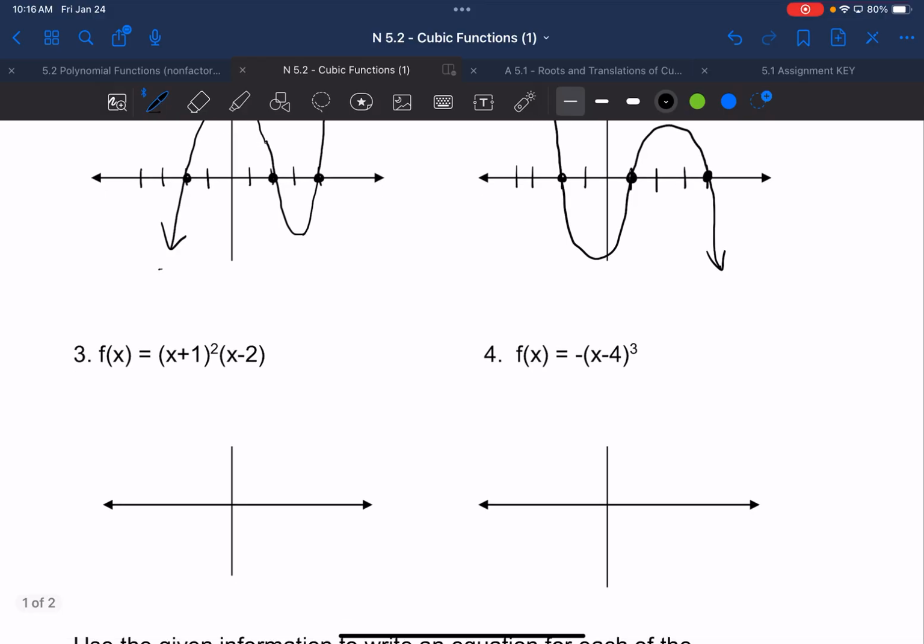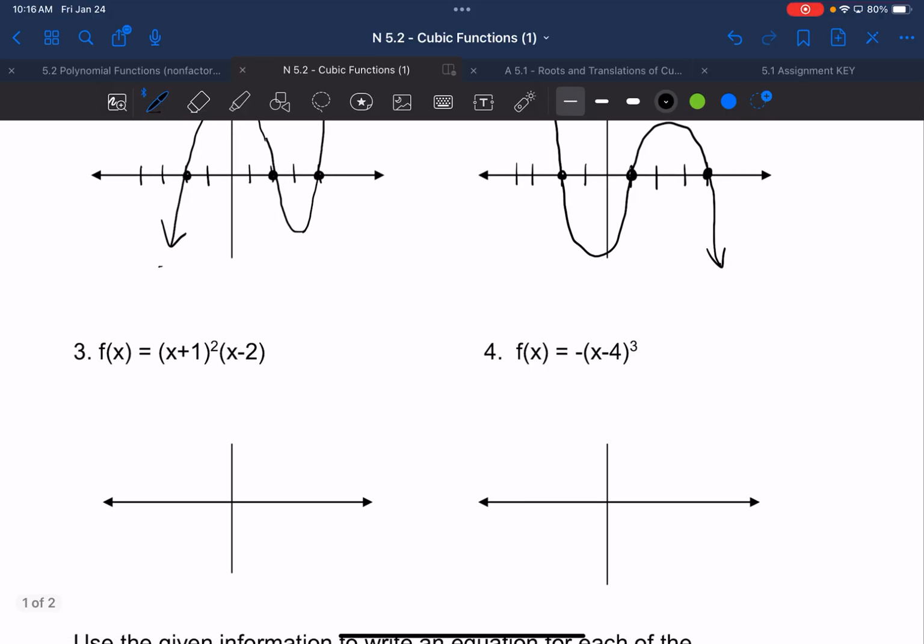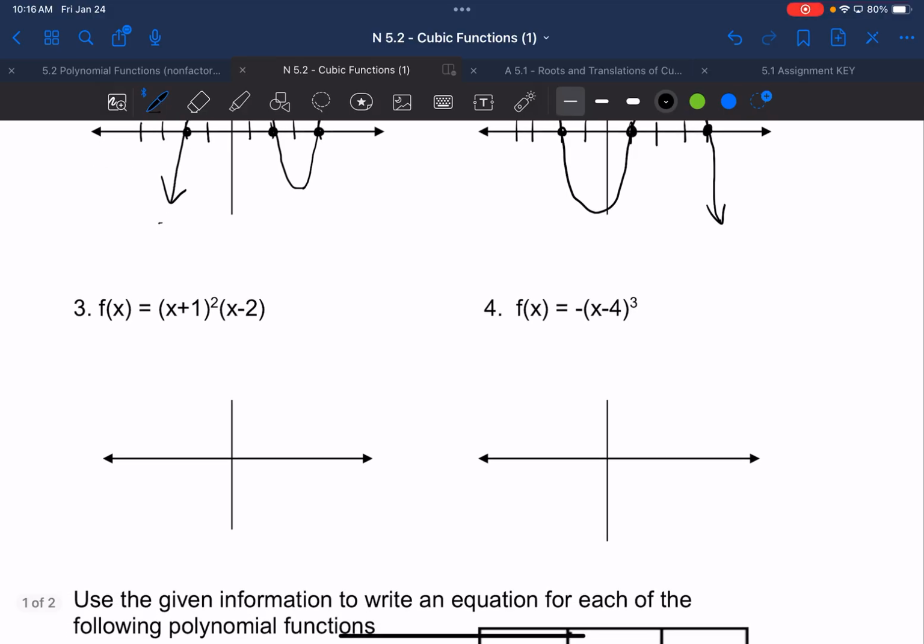Let's look at number 3. On number 3, where am I going to have zeros? All right, -1 and +2. Now this one is understood to just have the 1x in it, right?